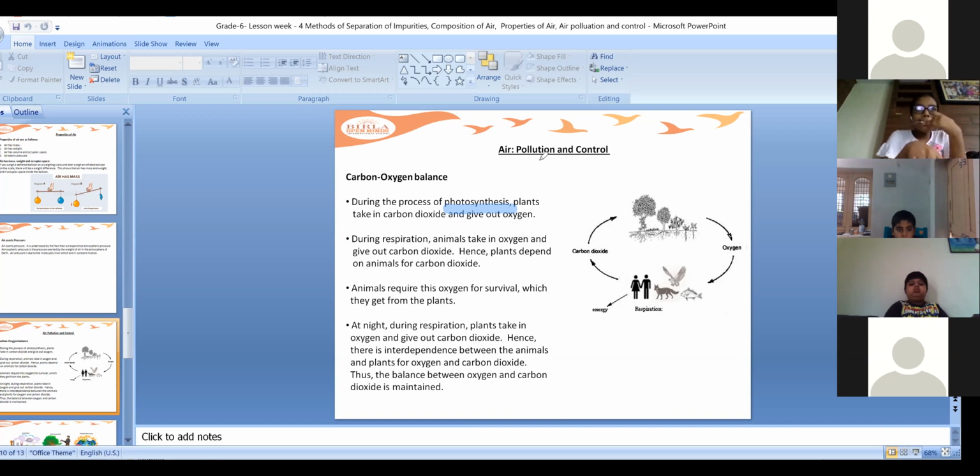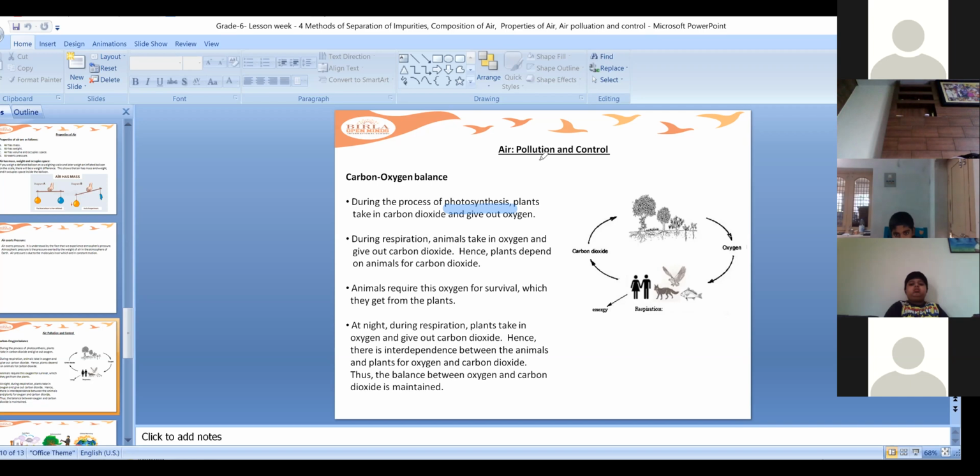So the process in which green plants, they have chlorophyll. With the help of this chlorophyll, they prepare food. So this food is prepared with the help of sunlight. So when the sunlight falls on the plants, they prepare food with the help of this process called photosynthesis. So in this, they take in carbon dioxide and they give out oxygen.